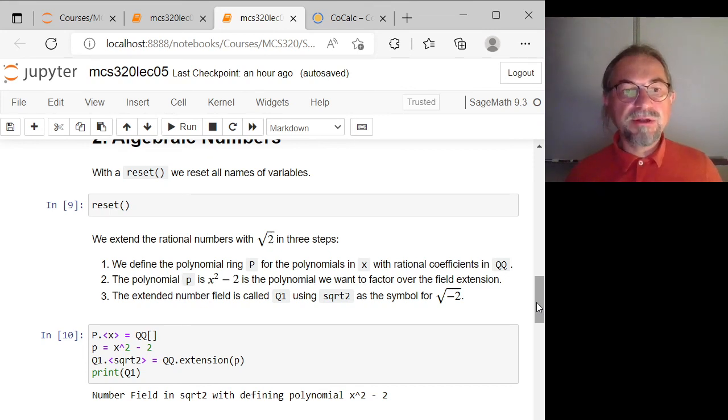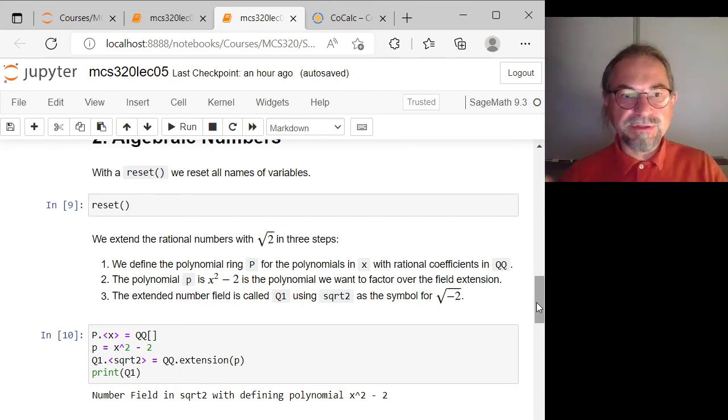Then when you have your polynomial ring, you have the polynomial that does not factor. That's the irreducible polynomial. And then you define the field extension. Starting from the coefficient field, you extend it with the root of the irreducible polynomial. There is another symbol that you have to pick, and that's the symbol that denotes the root.